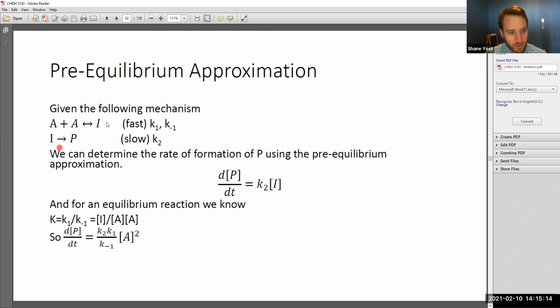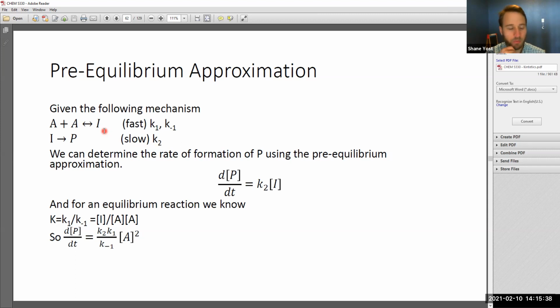If the concentration of I is basically constant throughout the reaction, then as I'm losing A, as the concentration of A is decreasing, the concentration of I is staying the same. So there's no way I can maintain equilibrium. You can't have both things occurring. You can't have the equilibrium and the steady state happening at the same time, if you will.